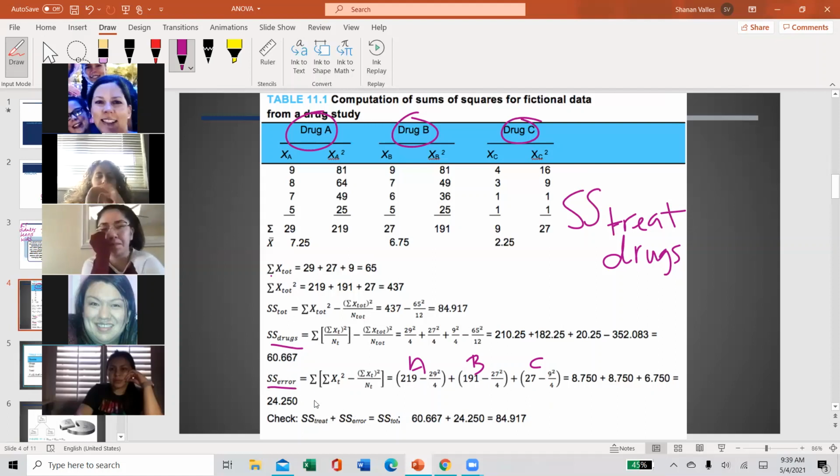Okay. Just correct me if I'm wrong, but is the SS error kind of comparing within the drug A, drug B, and drug C groups? That's exactly right. Yeah, the SS error is the variation within each group. And then the SS drugs is what exactly?